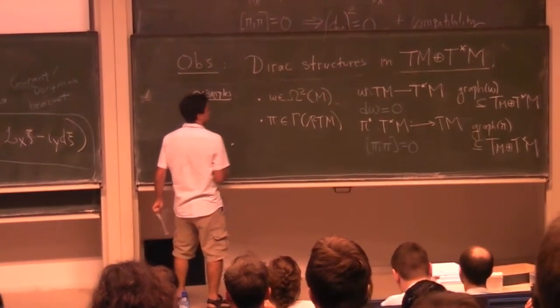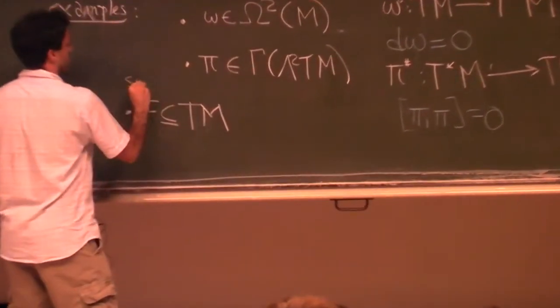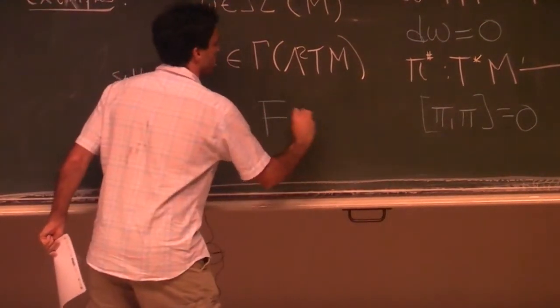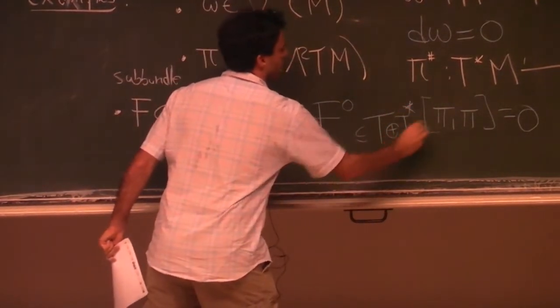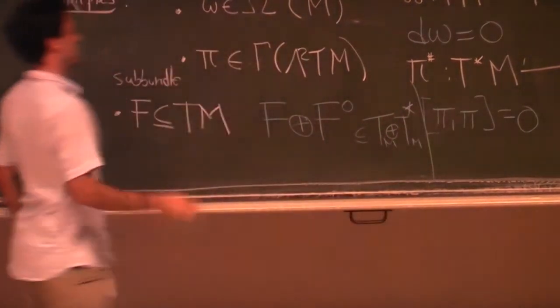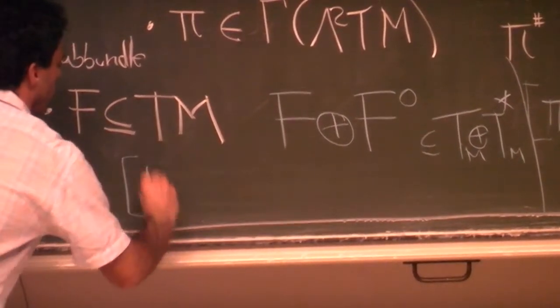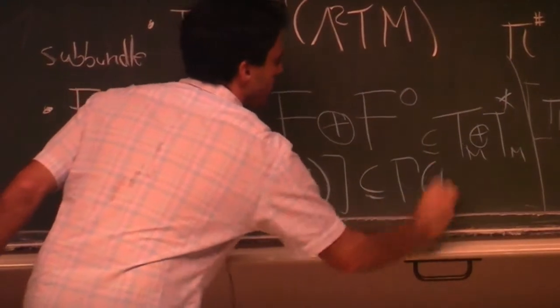Just to give you one more example that is classical too, if you have any subbundle F of TM, you can promote it to a Lagrangian subbundle of TM plus T star M by looking at F plus its annihilator inside T plus T star of M. And in this case, the integrability condition, the involutivity condition of this wannabe Dirac structure with respect to the Courant bracket is that the subbundle is involutive with respect to the Lie bracket.